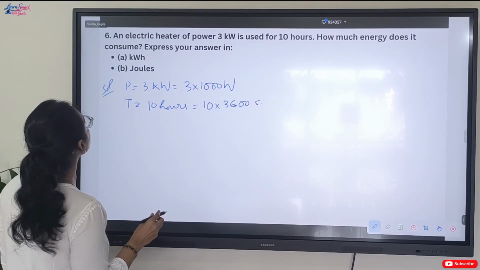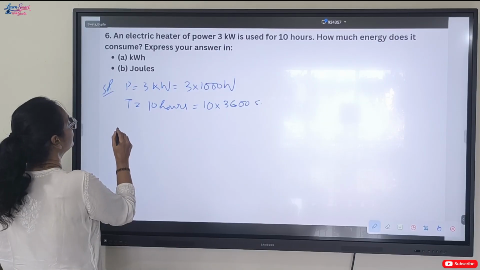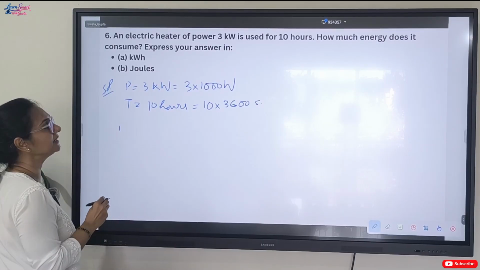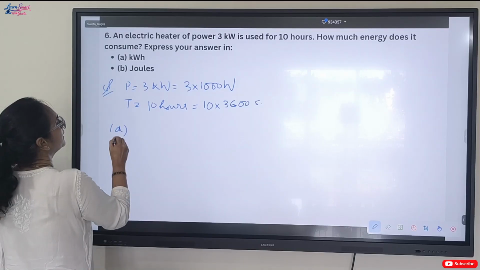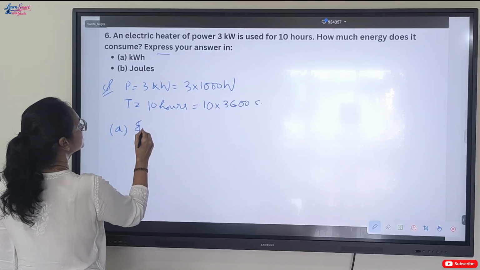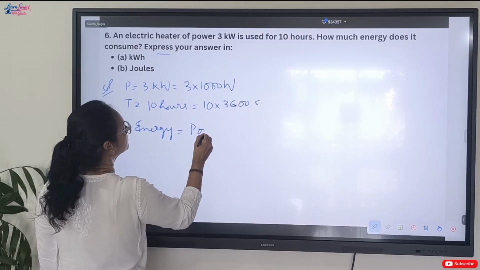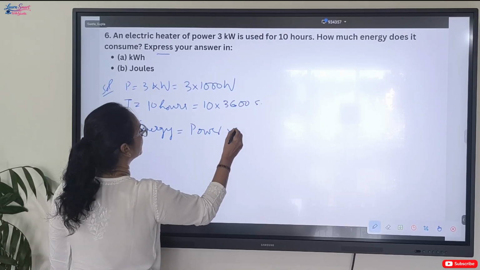Now, how much energy does it consume? Express your answer in kilowatt hour. So, they are telling us to give our answer in kilowatt hour. So, in kilowatt hour, we simply do energy. So, energy is equal to power into time.